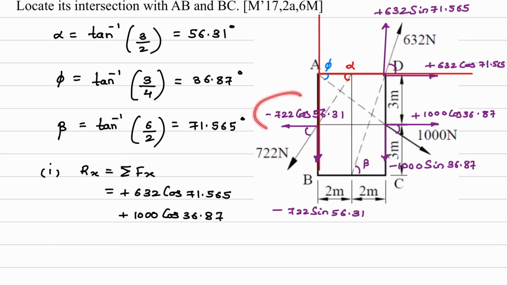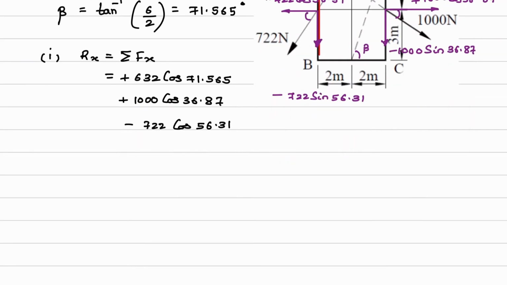Next component will be this one, minus 722 cos 56.31. So from here we can calculate Rx. So Rx is equal to 599.3624 Newton.